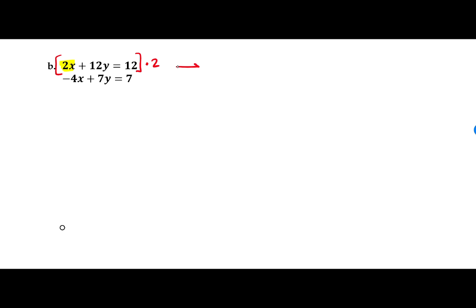Then if we multiply everything on both sides by 2, that first equation becomes 4x plus 24y equals 24. So we've just made a slight manipulation to the first equation, and the second equation is fine the way it is. Negative 4x plus 7y is equal to 7.